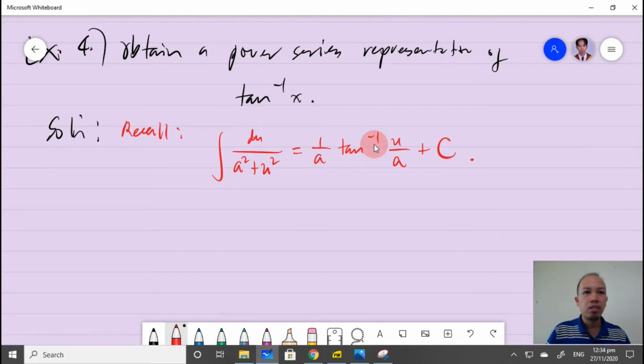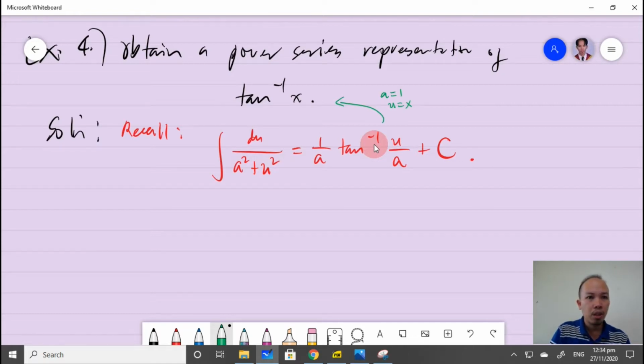Notice here that our a is 1 and our u is x. So we can have this form, tangent inverse of x.